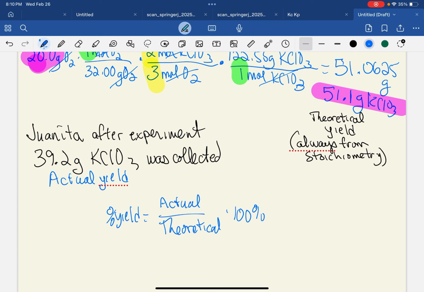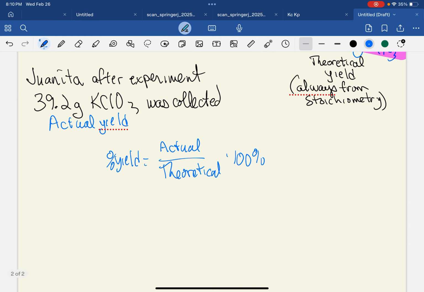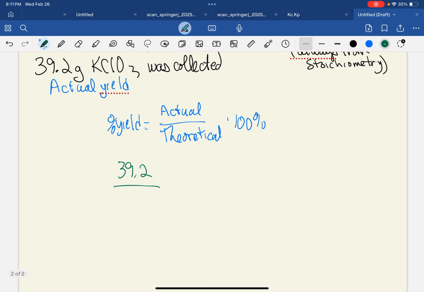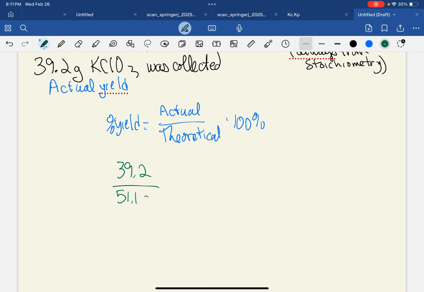So we're going to take our 39.2, go back to the green, 39.2 divided by 51.1. They're both grams, and the grams are going to cancel, but they are both grams just for the sake of argument.